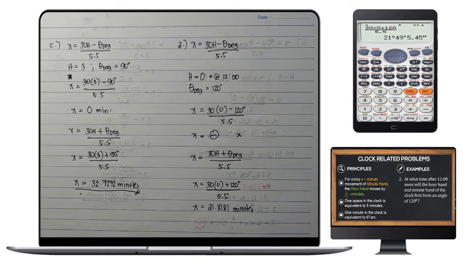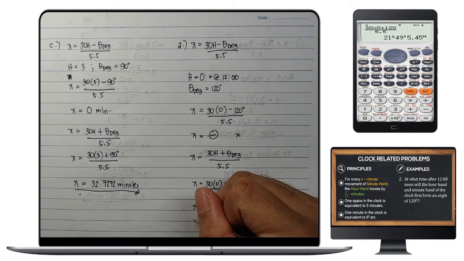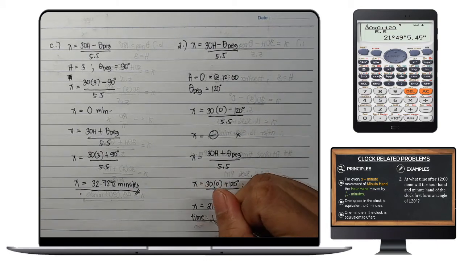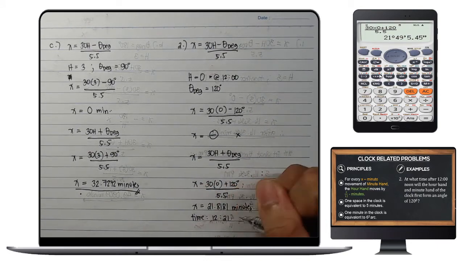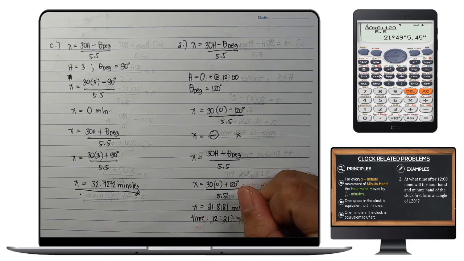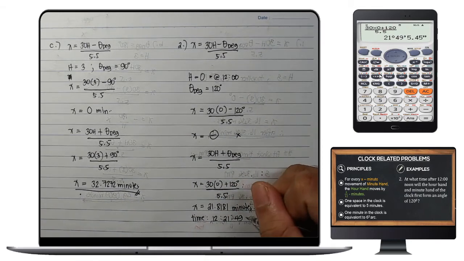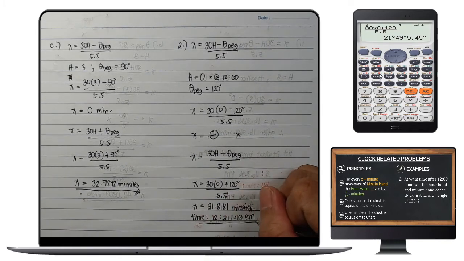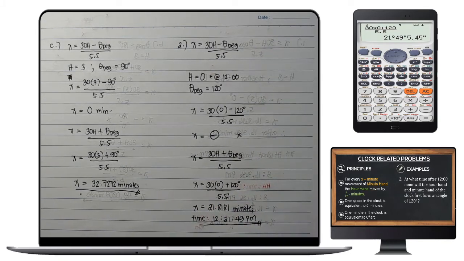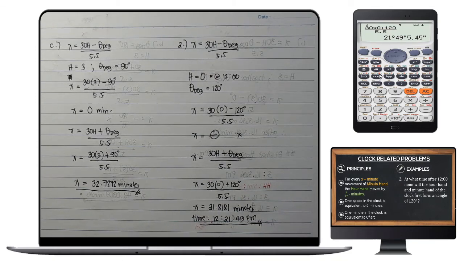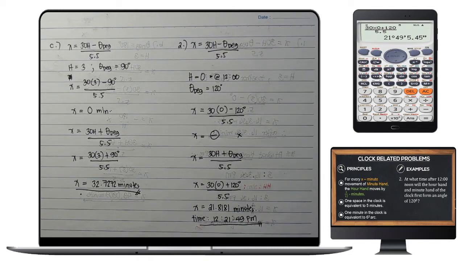So, gamitin na natin to. So, yung time natin is 12:21:49. So, kahit hindi na natin isama si millisecond. Okay? So, this will be our exact time. So, at 12:21:49, so 12 o'clock, 21 minutes, 49 seconds PM, yung minute hand and the hour hand will be displaced by 120 degrees. So, yun lang yung sinasabi sa atin ng problem.